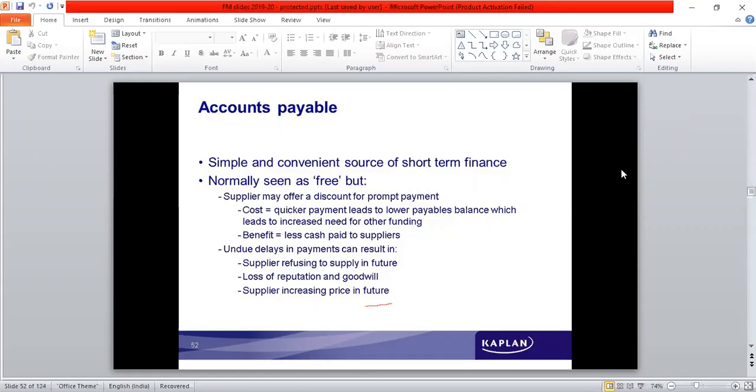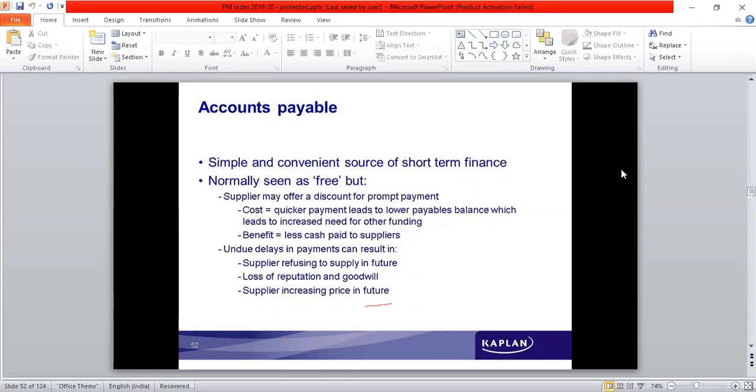On account of availing that credit facility, a liability arises: a liability to pay the supplier at the end of the credit period. That is a liability, and usually this is for a short period of time. So that's why this is categorized as current liability, a period of 1 year or operating cycle, whichever is longer. So that is the meaning of current liability.